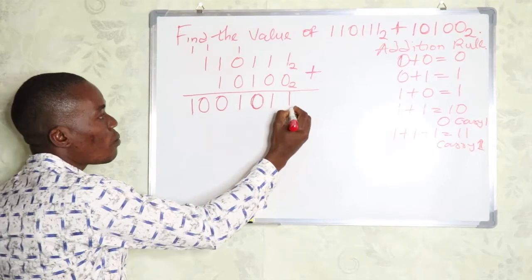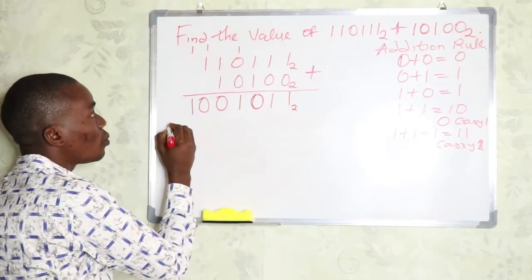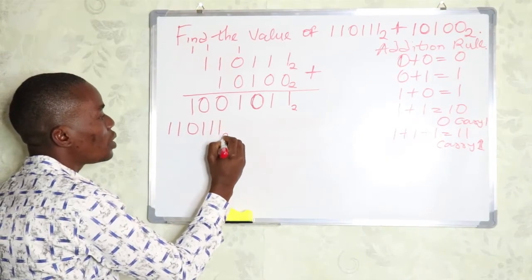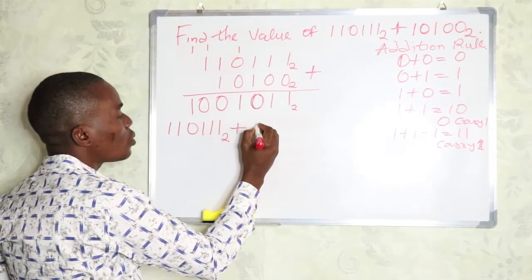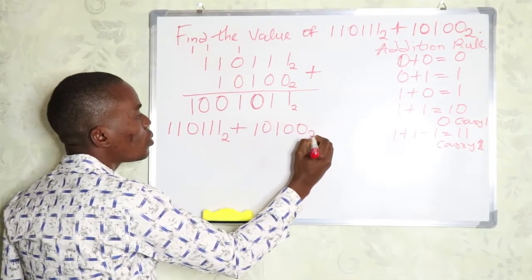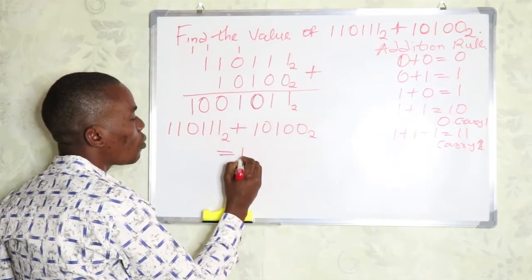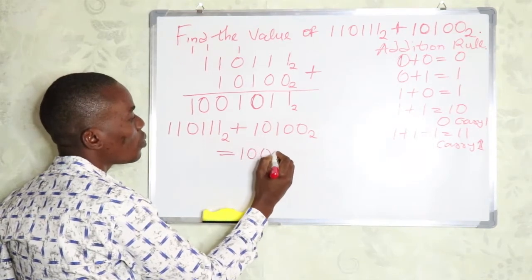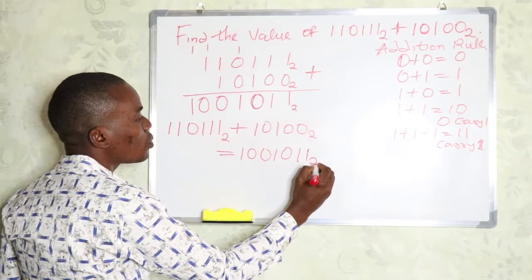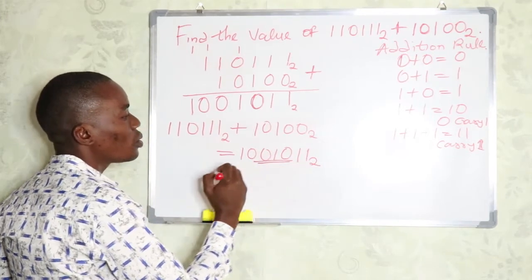So adding 110111 in base 2 to 10100 in base 2 will give us the value 1001011 in base 2. That is the result you're going to get.